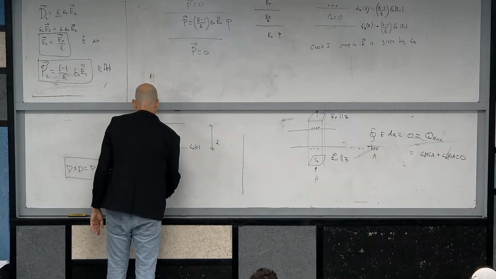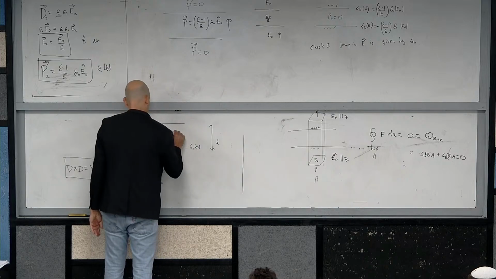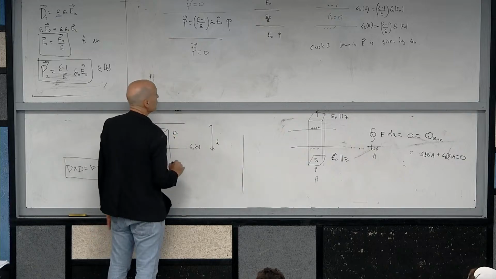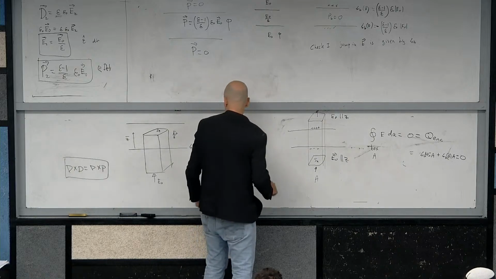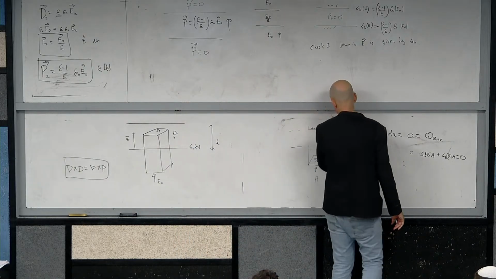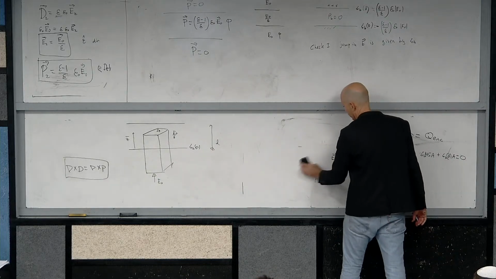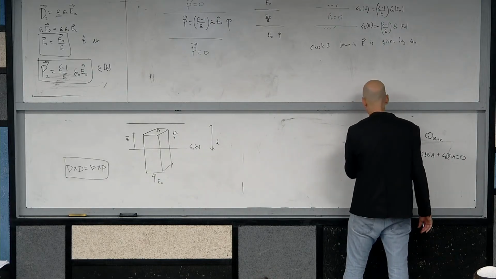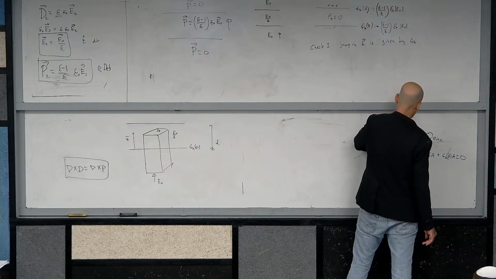So here I have E0, and here I have epsilon 0 over epsilon. So what will we get here? Now we will check the numbers. Symbols.